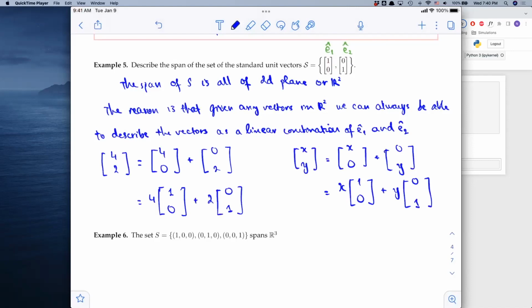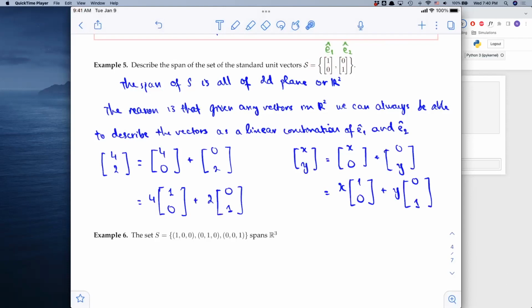So x and y in this case are any real numbers, and the column vector x, y can be written as a linear combination of the standard unit vectors. Therefore, you say that the set S spans the entire two-dimensional plane, or R2, right?